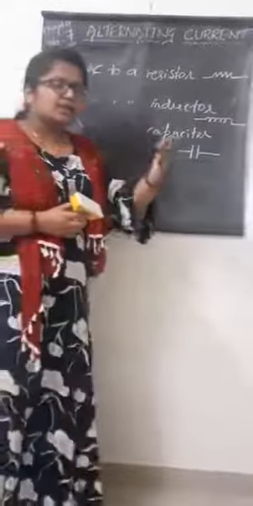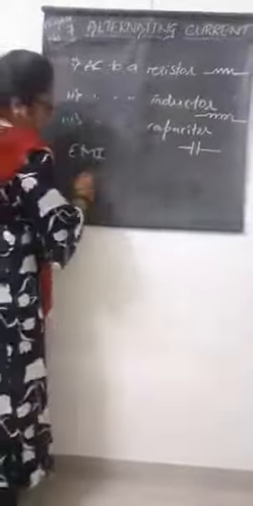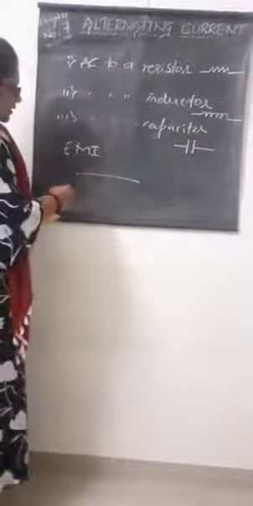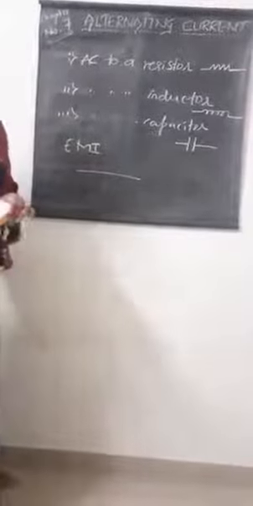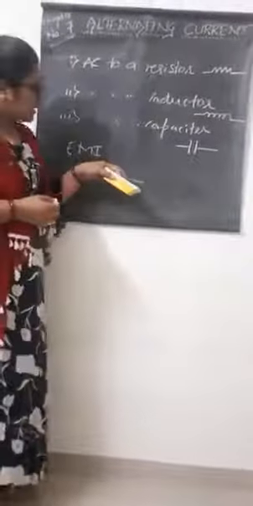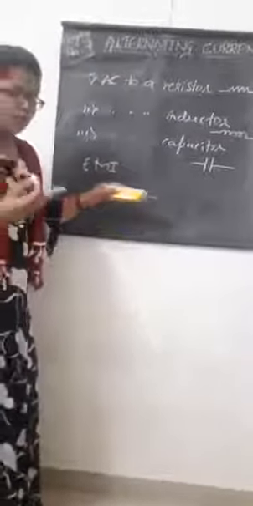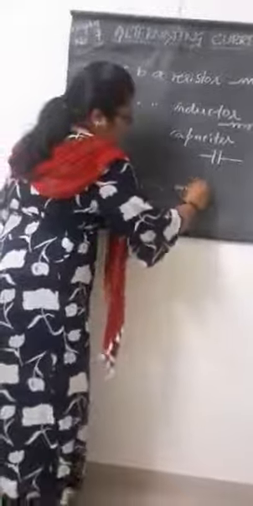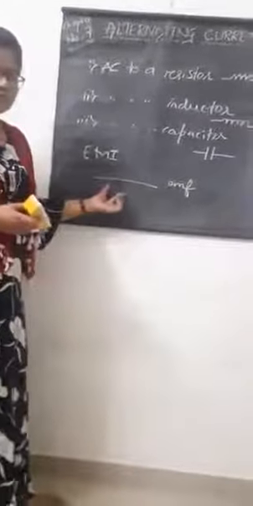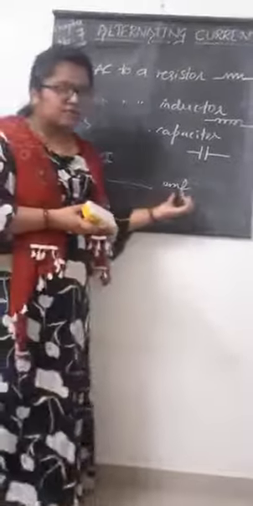Whenever current flows in a current carrying conductor, the change in magnetic flux linked with this coil produces an EMF in the circuit. So Faraday's first law states that change in magnetic flux produces EMF in the circuit.